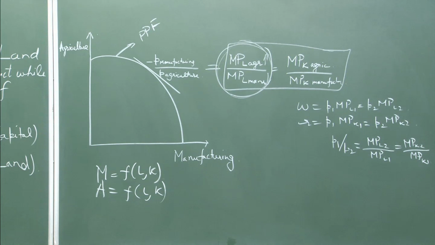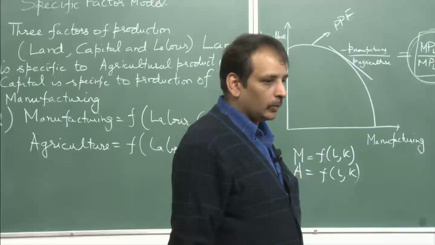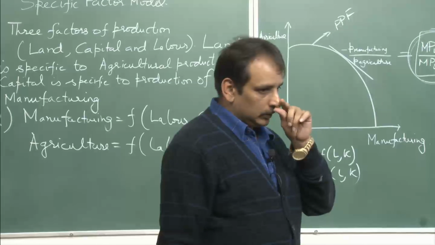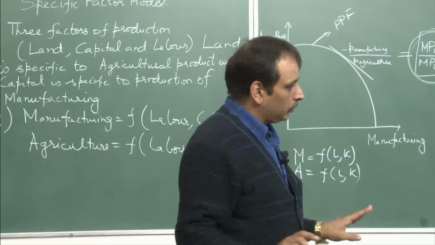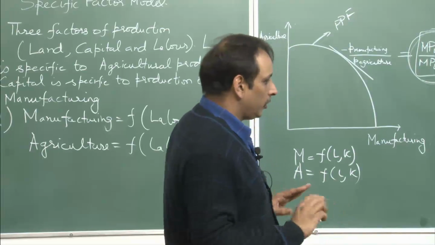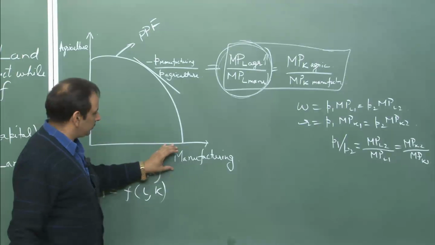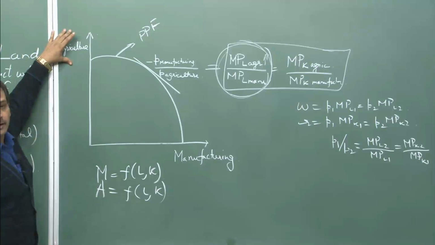Now, let us see, yeah. The change in manufacturing products is more than the change in agricultural products. No, we're not saying anything about how much this product increases or how much is a decline in agriculture.